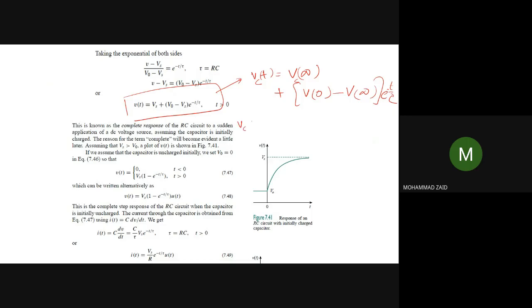That means for any circuit, you can directly write this equation: V infinity plus V0 minus V infinity e to the power minus t by tau.